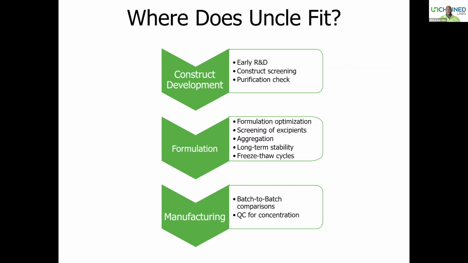That's what the sample holder and the Uncle platform offer you. And finally, as you make your way downstream and you're going to begin to produce it, you want to assess the quality control of your samples. The Uncle can do that, and it is in fact 21 CFR Part 11 compliant today.